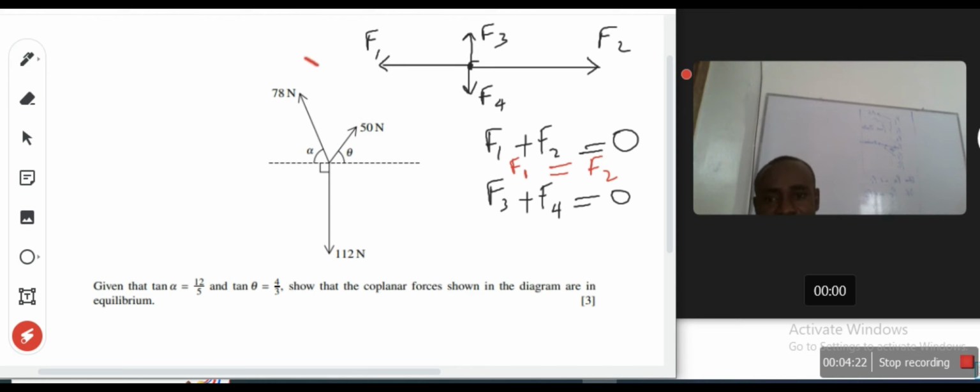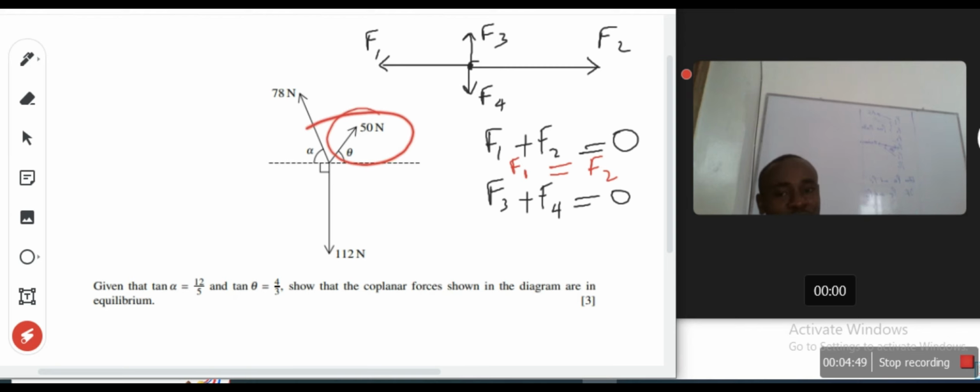Okay, let's apply that here very quickly. Given that tan alpha is 12 over 5 and tan theta is 4 over 3, show that the coplanar forces shown in the diagram are in equilibrium. How do we apply that? Show that the opposite forces must balance.